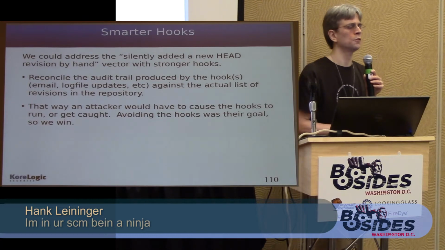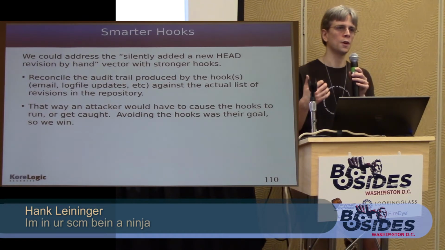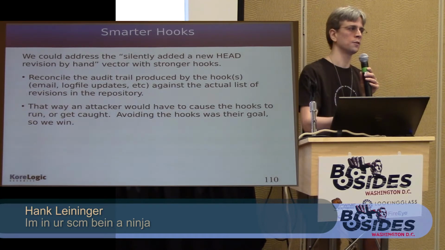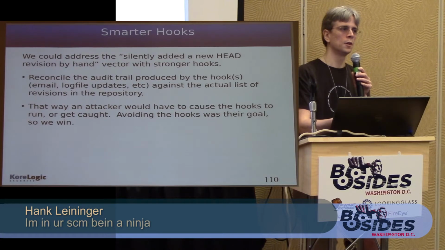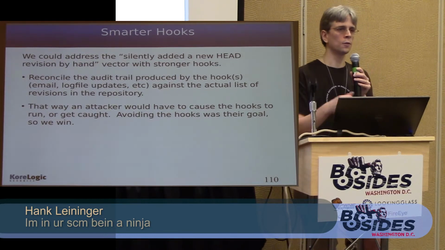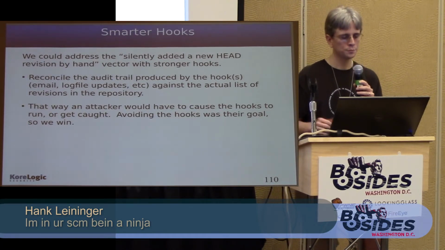The problem is this is harder than it sounds, because the hook runs as the person who commits the code, and if the attacker has the ability to write stuff into the repo as a valid developer, then they have the ability to run hooks as a valid developer, which means they have the ability to run parts of hooks. So they could run the part of the hook that your accounting tracks, but not the part of the hook that actually would have caught them.